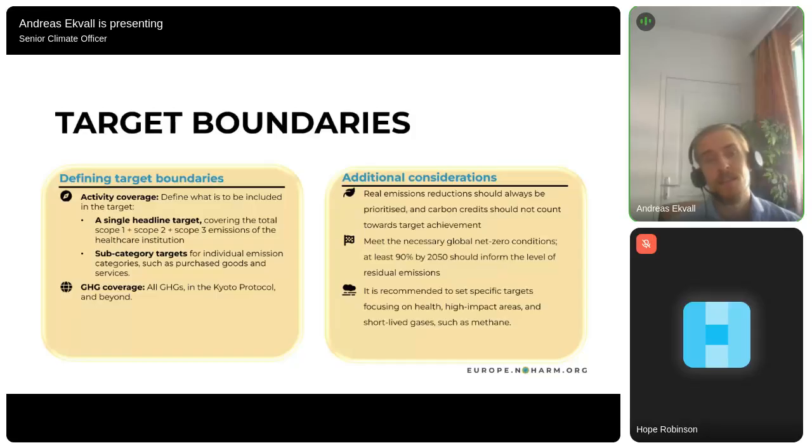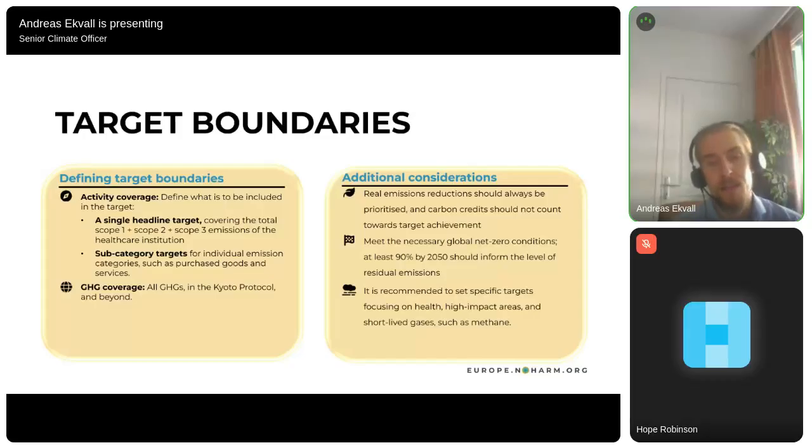But targets can also be set for specific emission categories. These are known as subcategory targets. Then the boundaries should capture the activities you want to measure and reduce. Additionally, your target should fully encompass all greenhouse gases outlined in the revised Kyoto Protocol and beyond.